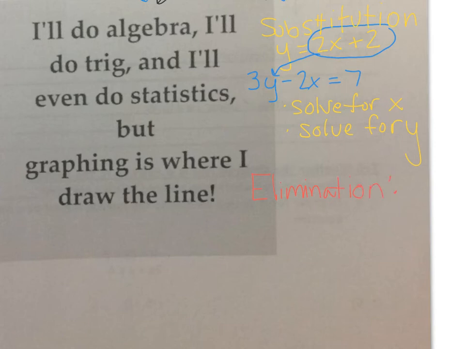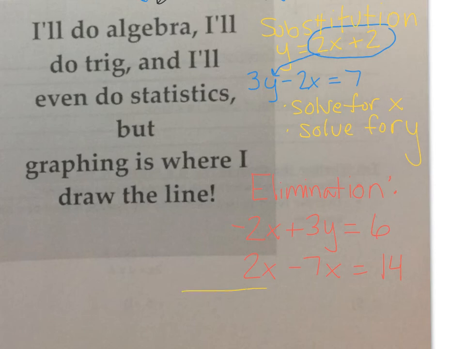With elimination, remember, that's the best way to do it when we have like negative 2x plus 3y equals 6, and we have 2x minus 7y equals 14. Something like that is going to work best for us using elimination.